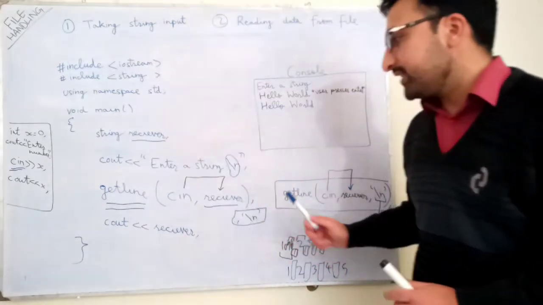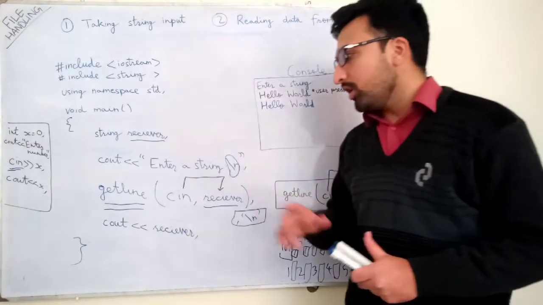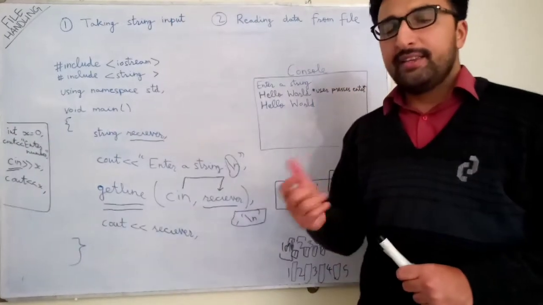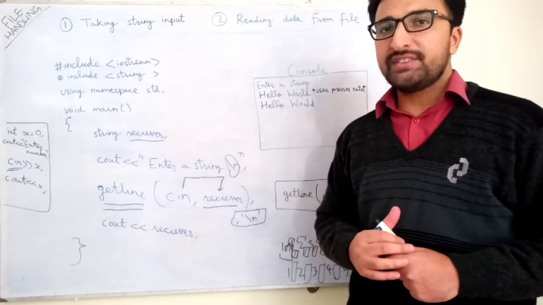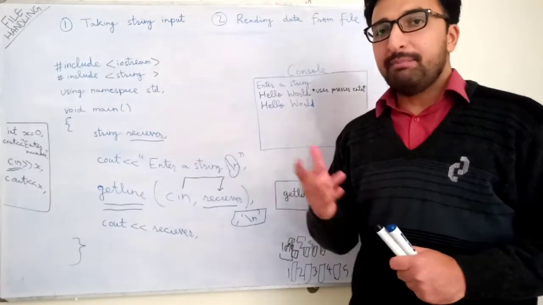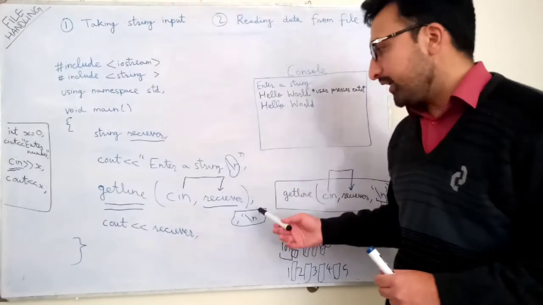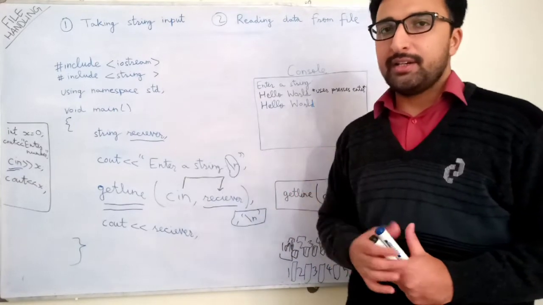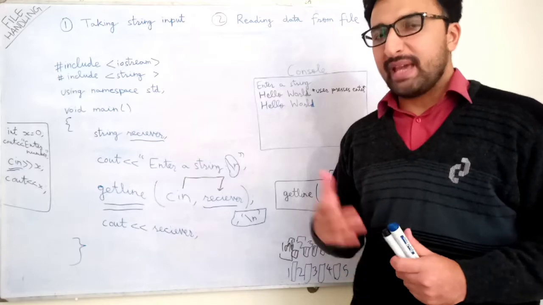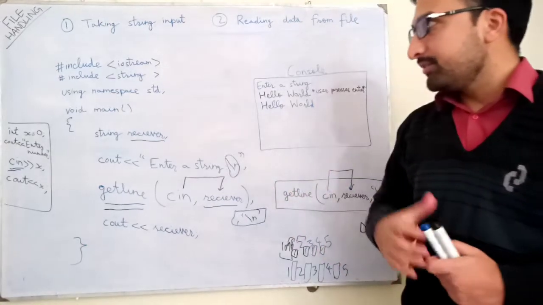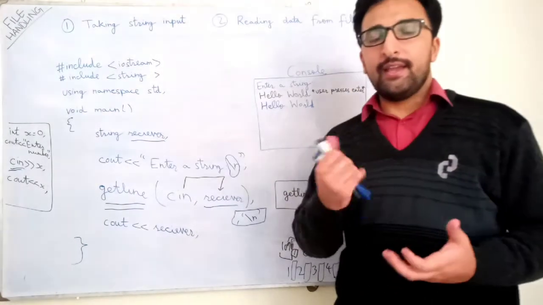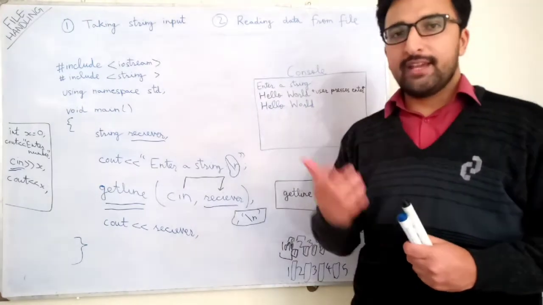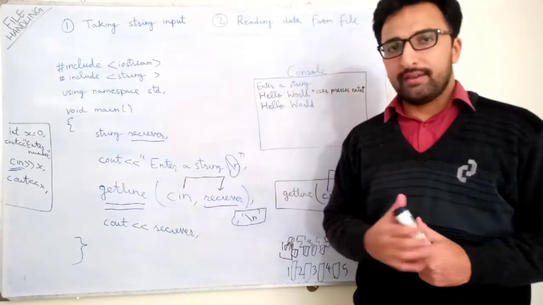So these two lines are equal here. If we do not write the third argument, the compiler by default knows that it is basically \n. So we do not need to write any delimiter here if the delimiter is by default \n. That is basically how we can take input for the string.